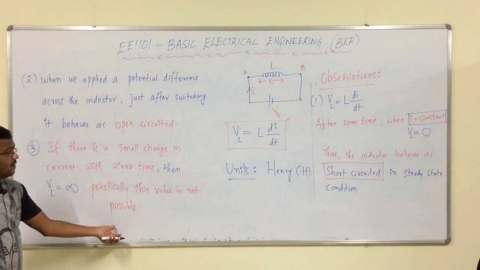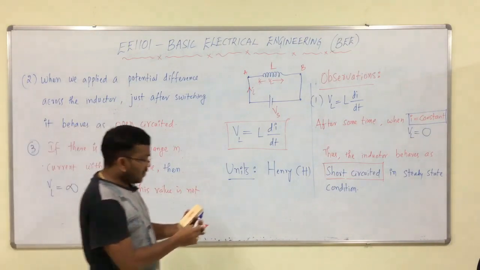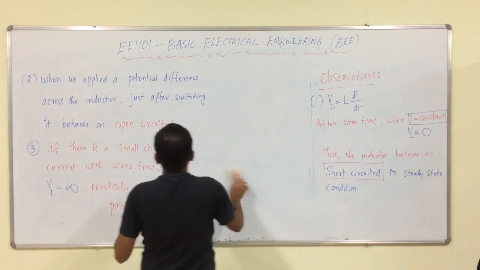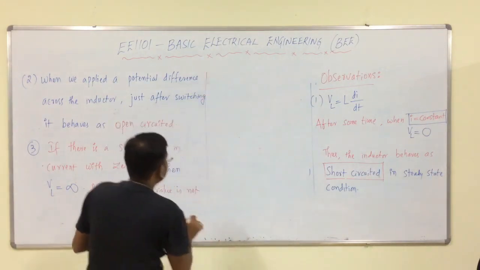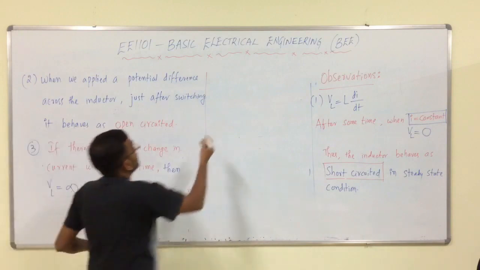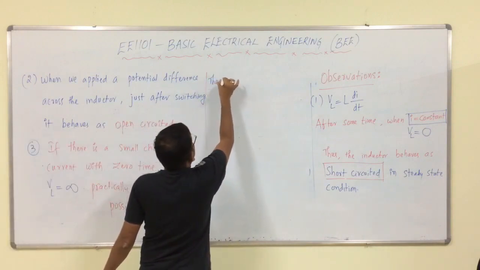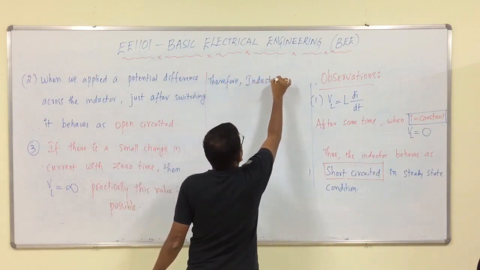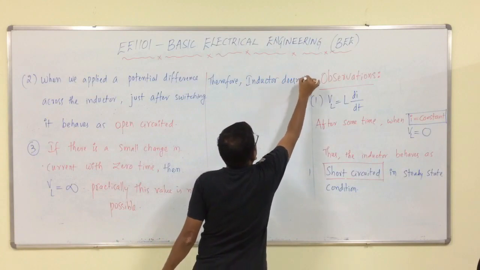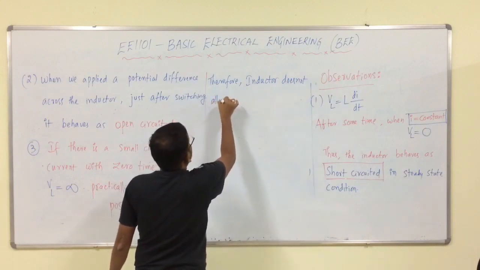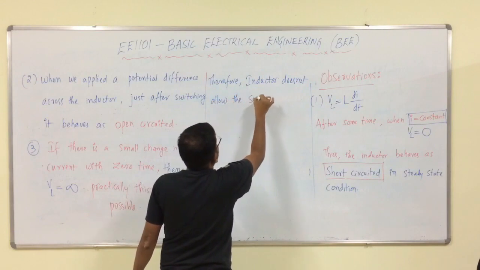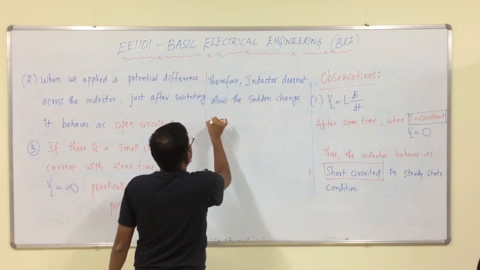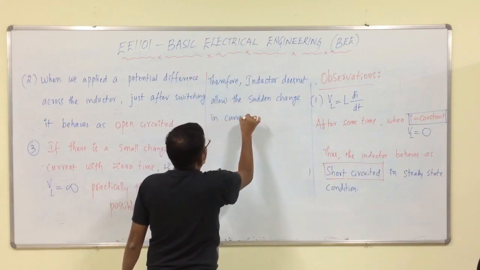So, what will happen? The conclusion is what? Based upon this third point, therefore, the inductor does not allow the sudden change in current.